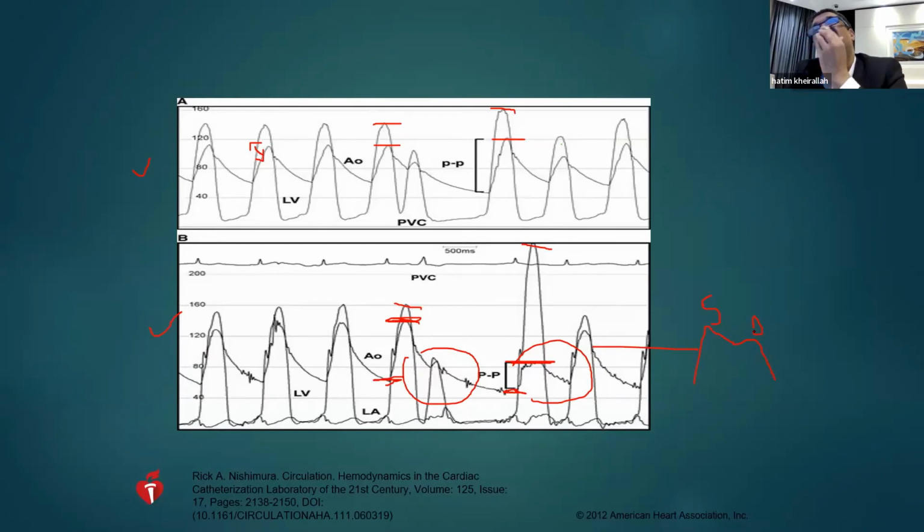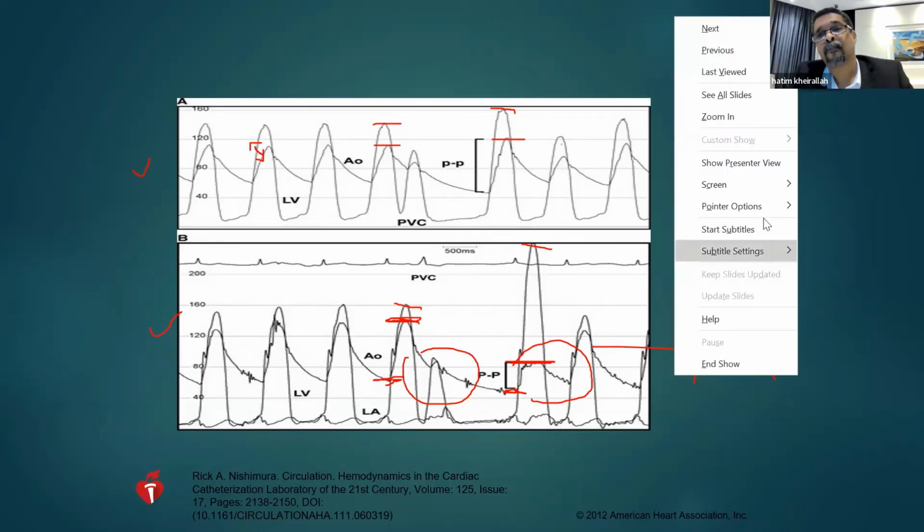Spike and dome. Spike and dome is so characteristic of the HOCM arterial waveform. But the most specific sign, as we said, is the Brockenbrough-Braunwald-Morrow sign, which is the pulse pressure shortening after the PVC.